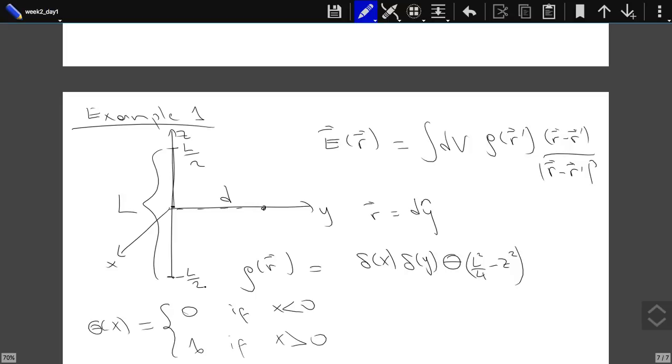And at this point, for example, if y is non-zero, there is no charge over there. At this point, there is no charge. The charge is only at the points x is equal to 0 and y is equal to 0. So that is why I put the Dirac deltas over there. And the step function just makes sure that it is non-zero in this interval.